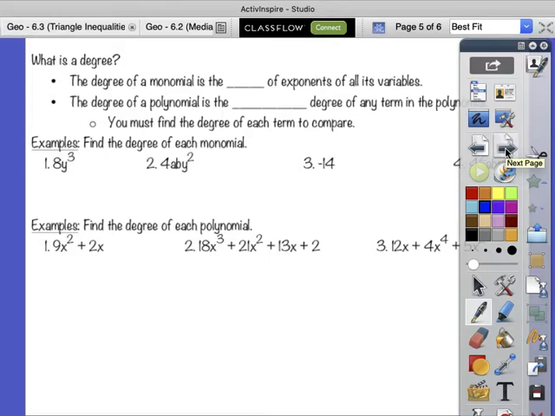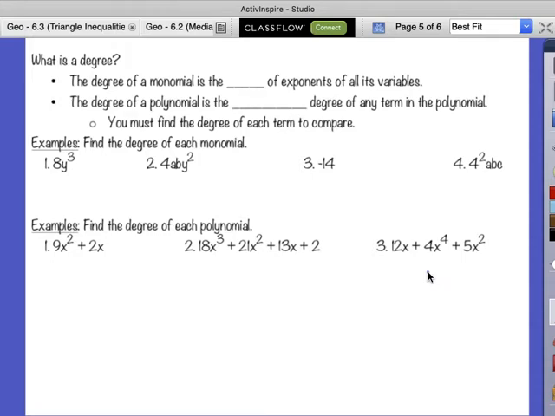Okay. So, what is a degree? Have you guys ever heard the term degree, like in math? You hear it with angles, maybe like a 90-degree angle, like a corner. Otherwise, you probably hear degrees for temperature.